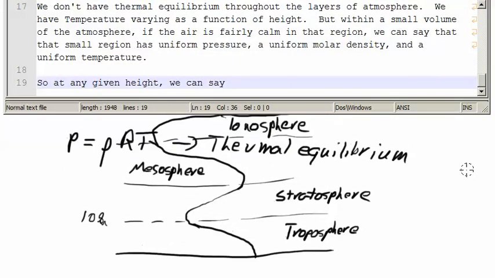So at any given height, we can say that the pressure at that height is equal to the density at that height times the ideal gas constant times the temperature at that height. But we can also say something else about the pressure.